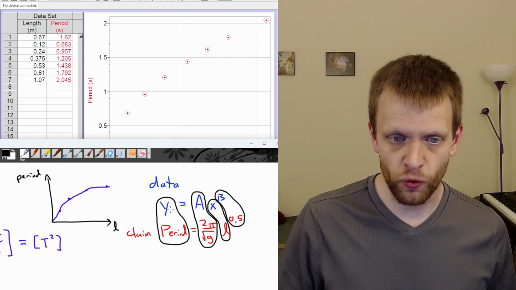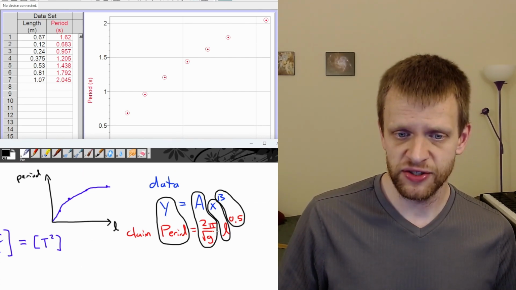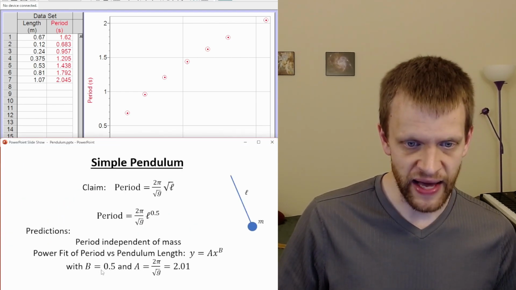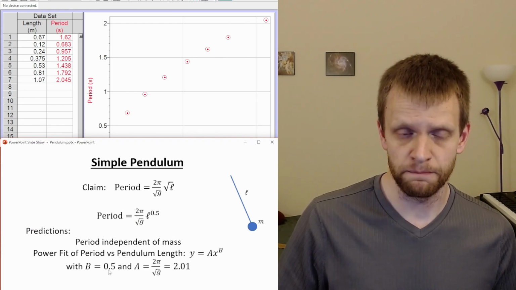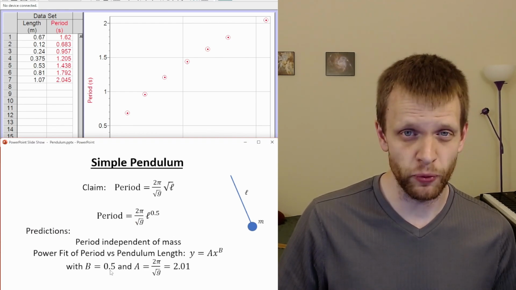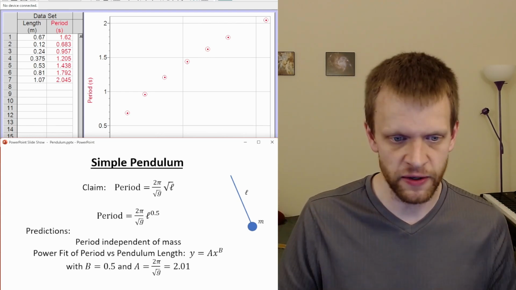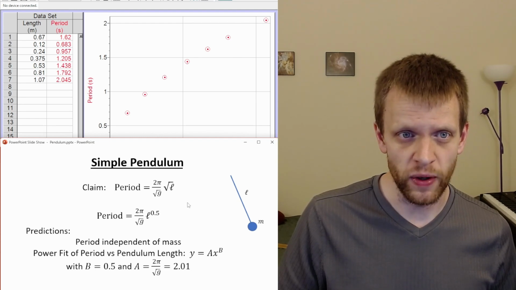Period is on the vertical axis, the length of the pendulum is on the horizontal axis, and with that matchup, this exponent should be around 0.5. It would be exactly 0.5 if we did the experiment perfectly, but again, there's no such thing as perfect data. And the value for the coefficient in front should be 2.01.